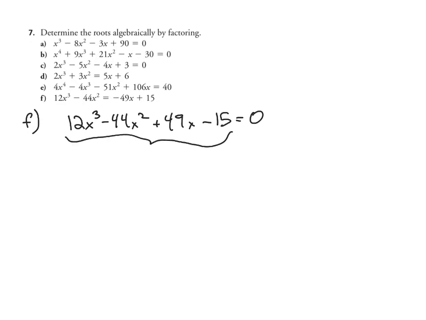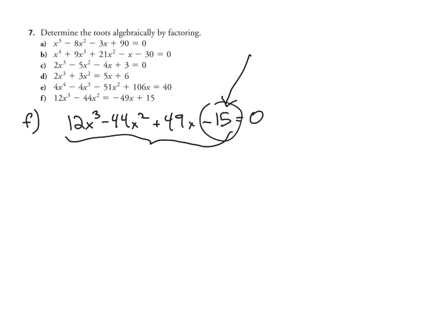Now, I know I can rewrite this as 12x cubed minus 44x squared plus 49x minus 15 equals 0. Okay, I got to find a number that goes into here and makes it 0. And I don't see anything really that obvious. Now I know what to look for. If there's nothing really obvious, then I start looking at this last number.